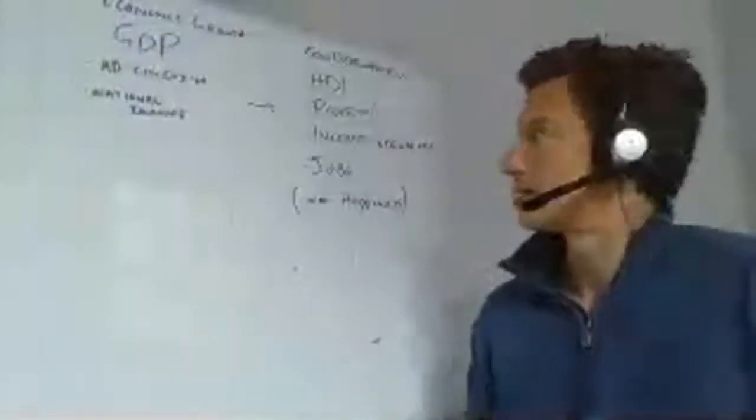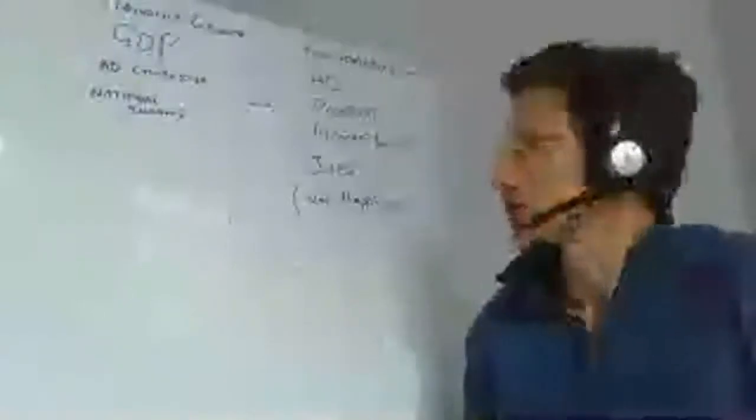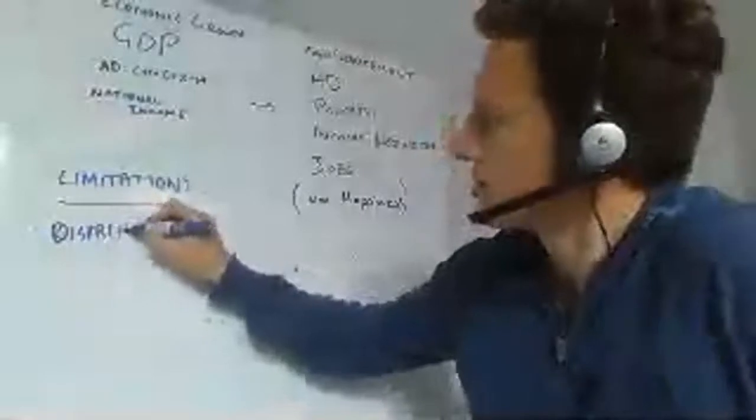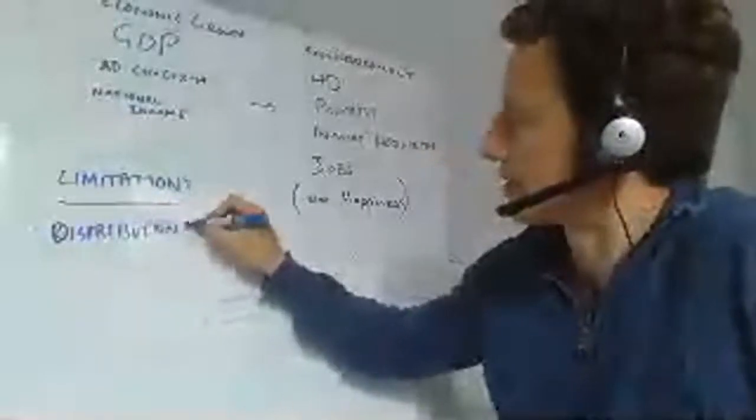Okay, and why not? What are the big limitations to this? Well, just on a measure basis, you can't say that just because GDP increases that development will necessarily increase. Why not? Well, for one, you need to look at the distribution of income. GDP itself doesn't tell you anything about how that income is being redistributed.